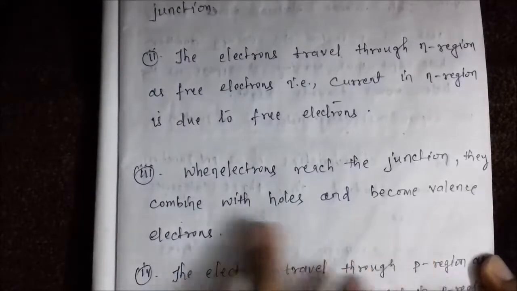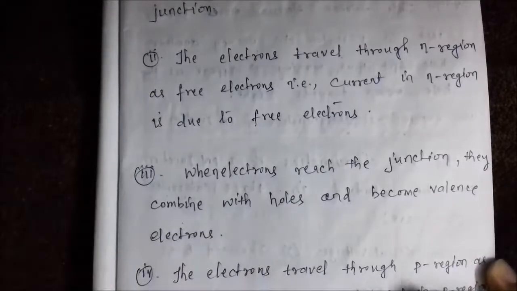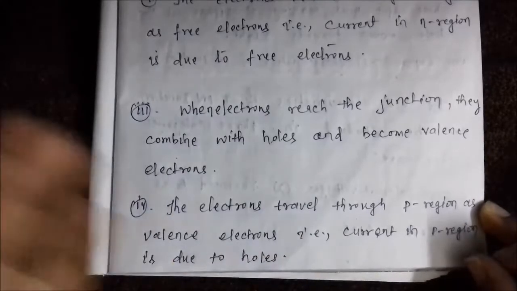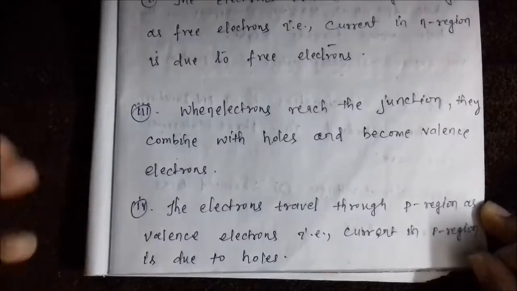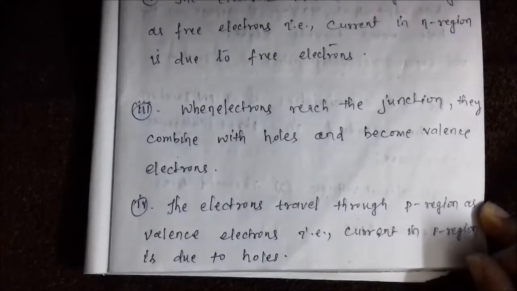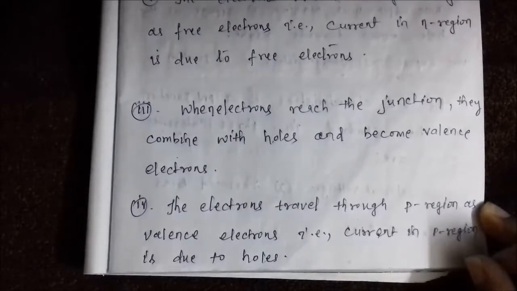They become valence electrons. The electrons which occupy the hole travel through the p region as valence electrons. So the current in the p region is due to the holes, or the vacant spots, and I would like to remind you that holes hold powerful forces of attraction for neighboring electrons, which come to fill that spot, creating another vacancy in their original position.